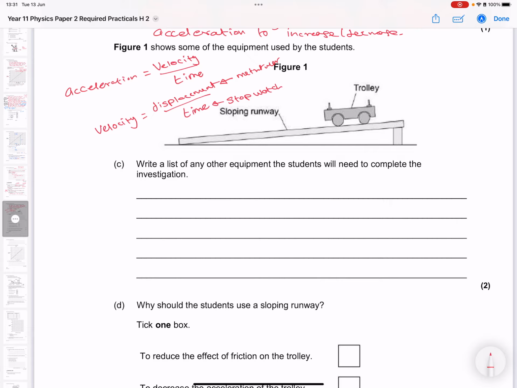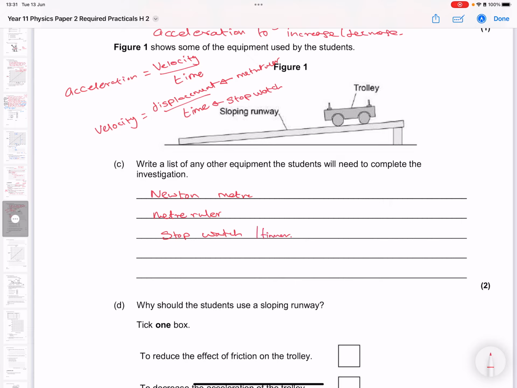And for force, what they can use is a Newton meter. So they could use a Newton meter to measure the force, a meter ruler to measure the displacement, and a stopwatch or timer. Okay.